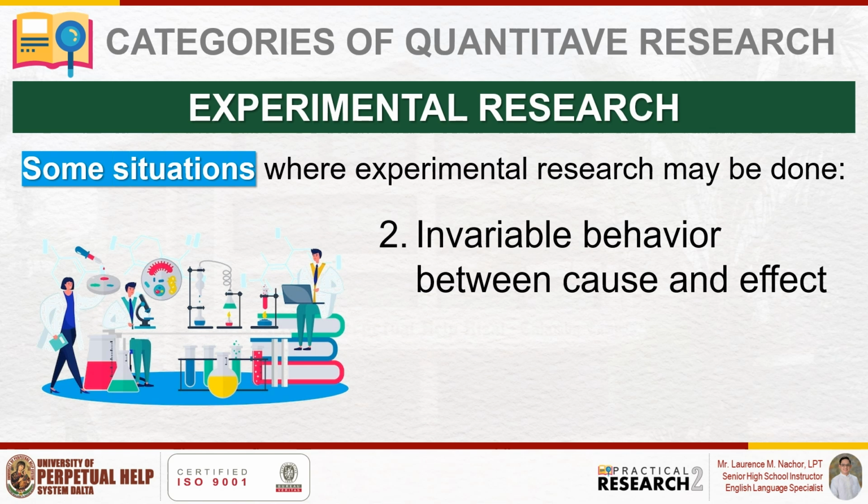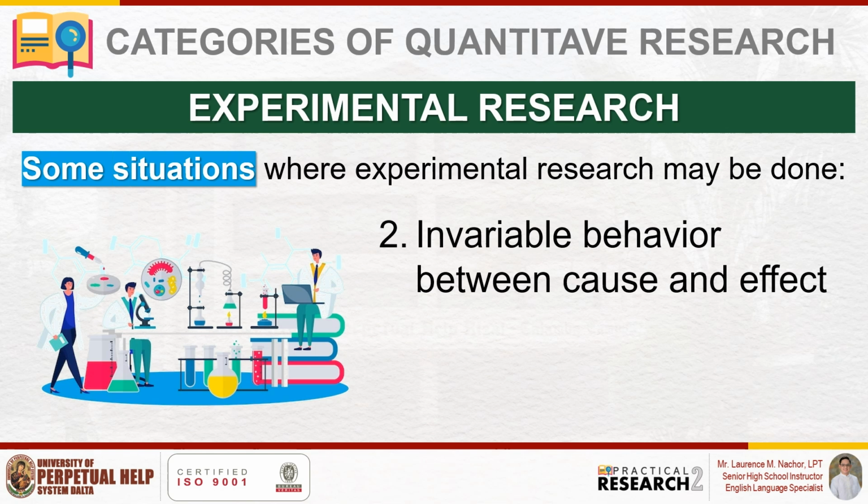Next, invariable behavior between cause and effect. What does it mean? It refers to a consistent and predictable relationship between a cause and its corresponding effect. This means that whenever a specific cause occurs, the same effect will always follow without variation.